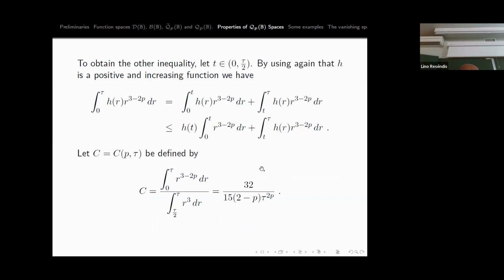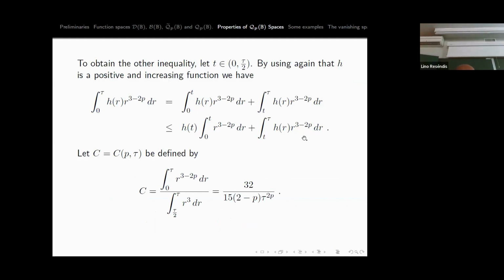For the second estimation, it is necessary to divide this integral in two different integrals. I will say some words only about these two lines.